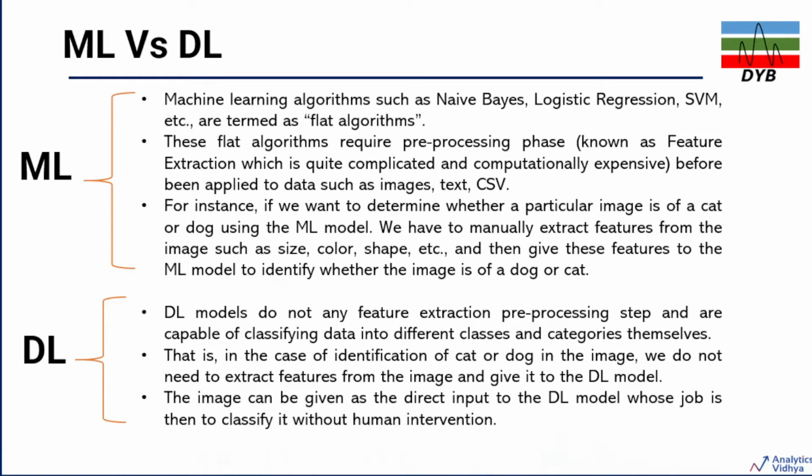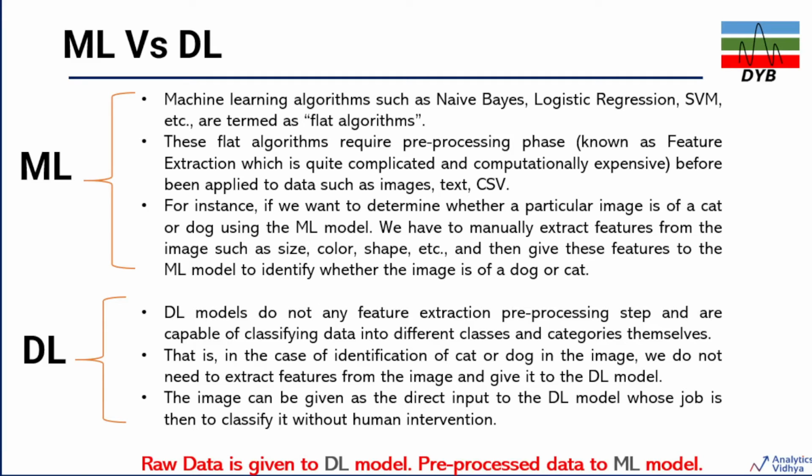The image can be given as direct input to the deep learning model, whose job is to classify it without human interaction. So it classifies based on whether it's a cat, a dog, or a different feature in your picture.